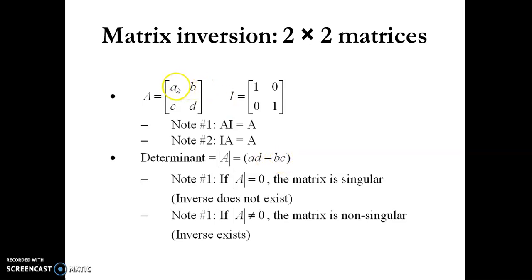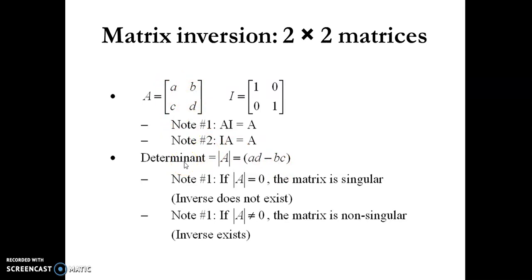So you're saying A times D minus B times C. In terms of your elements, in that matrix A, it would go A, B, C, D. So AD minus BC would give you your determinant.